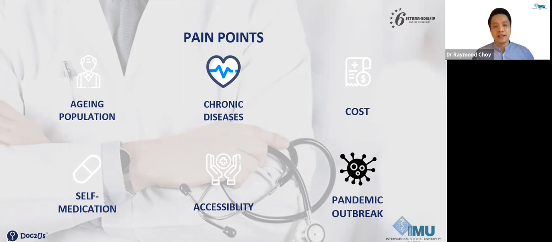And in some parts of the world, or Sabah, Sarawak, for instance, in Malaysia, there are still areas where patients have difficulties accessing quality healthcare services. And of course, the other biggest pain point right now is the pandemic outbreak, COVID-19, which everyone is dealing with and is affecting almost all sectors and all industries. Next, please.